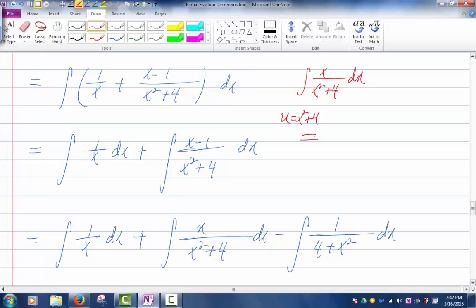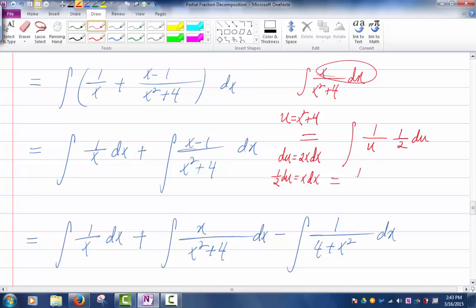If I do that, what would be du? du would be 2x dx. In other words, what will be x dx? Half du, right? Half du would be x dx. So here I'm going to get 1 over u times half du, right? So x and dx together becomes half du, and x squared plus 4 is u.